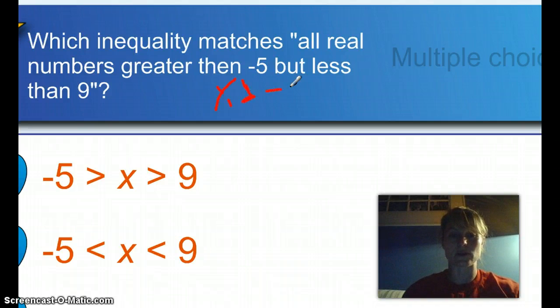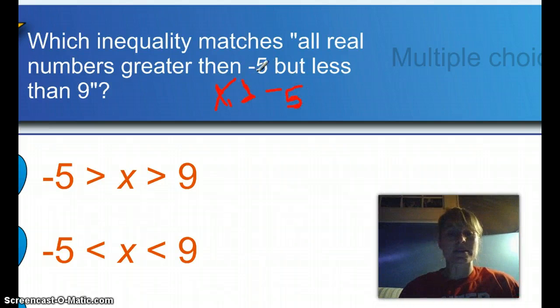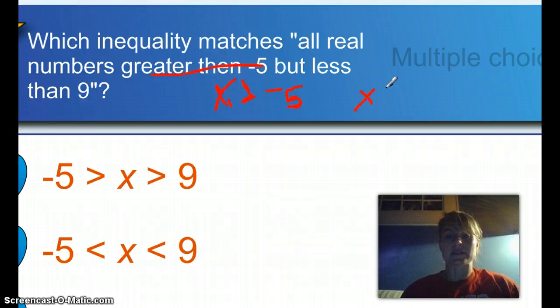So I'm just going to write x greater than -5. But then it says, but less than 9. So again, I'm going to take my x, and it's going to be less than 9. So again, I have greater than -5, but less than 9.